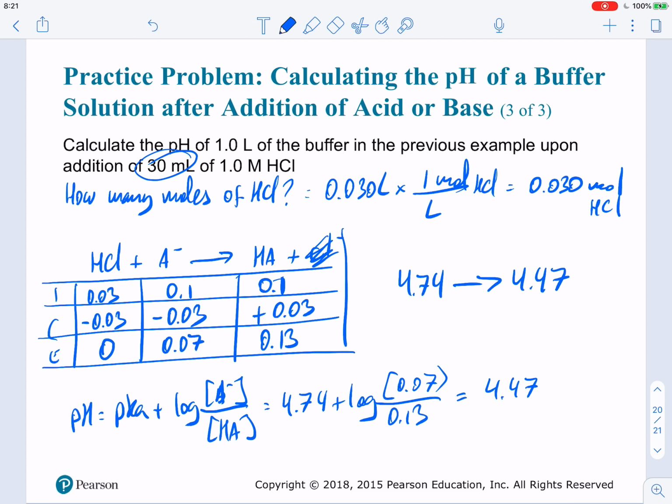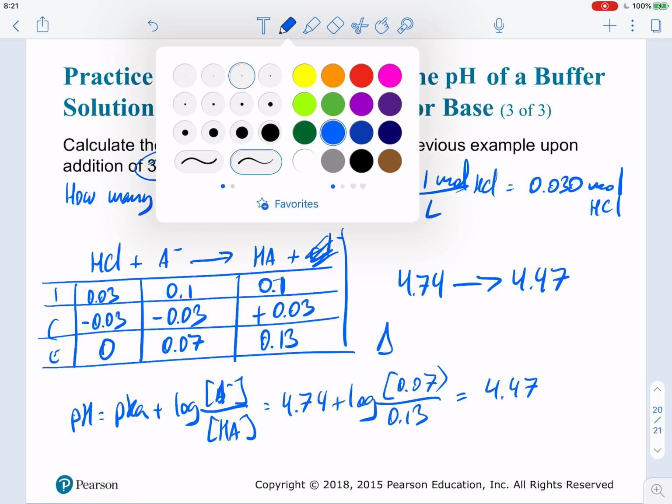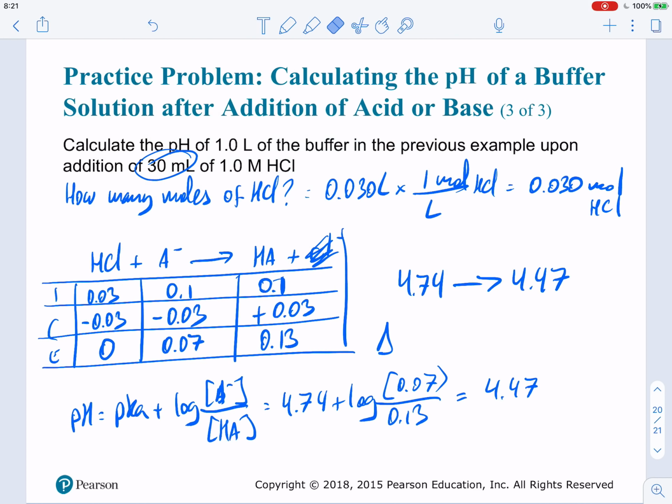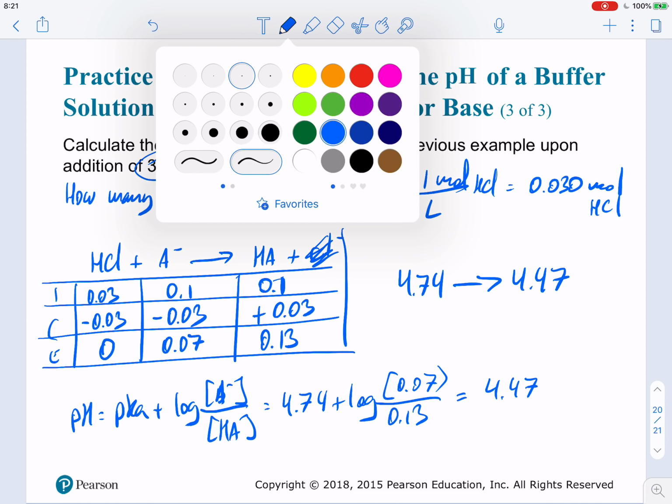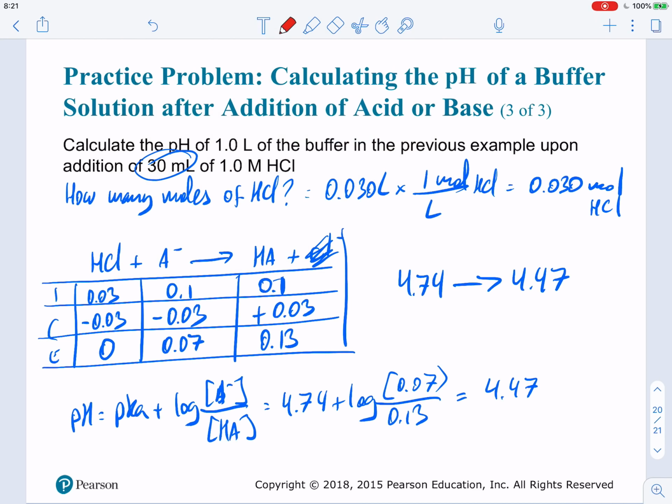and this is how you work in terms of the change in pH. So sometimes one question that I may ask you is not what is the final pH, but what is the change in pH? Sorry. Let's use a different color, shall we? What if I ask you what is the change in pH?